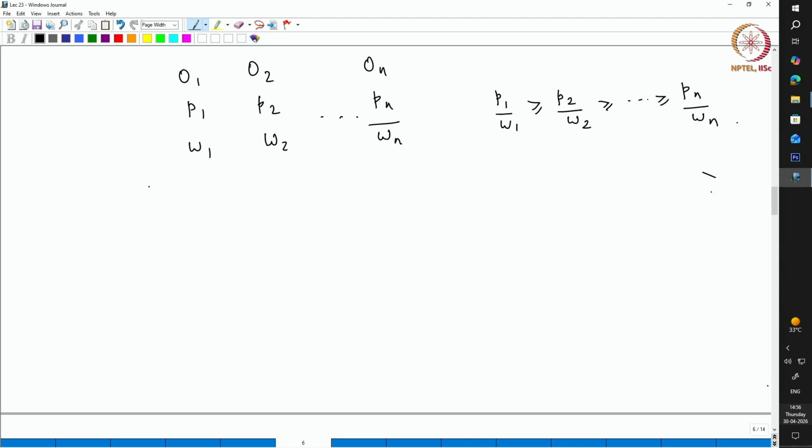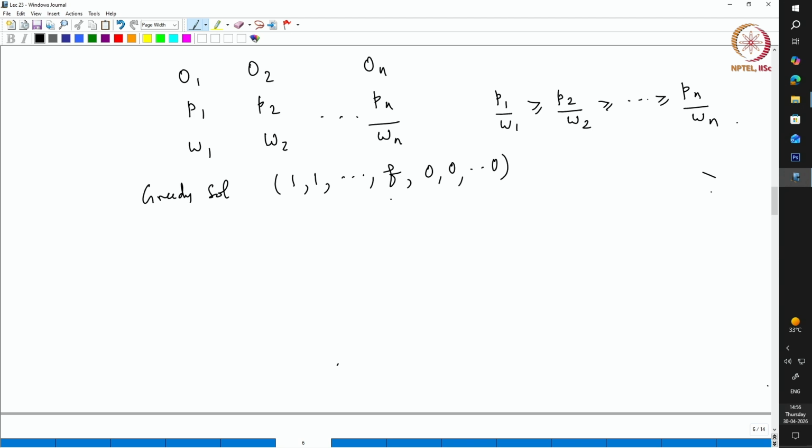Therefore, my greedy solution will have the following form. I am going to take O1, x1 will be 1, x2 will be 1 as much as possible, and then there comes a stage where I will not be able to take 1 or probably a fraction, and after that I will not be able to take anything because I have used my capacity fully.